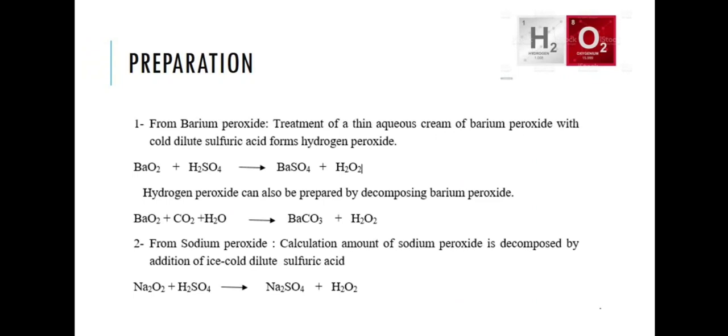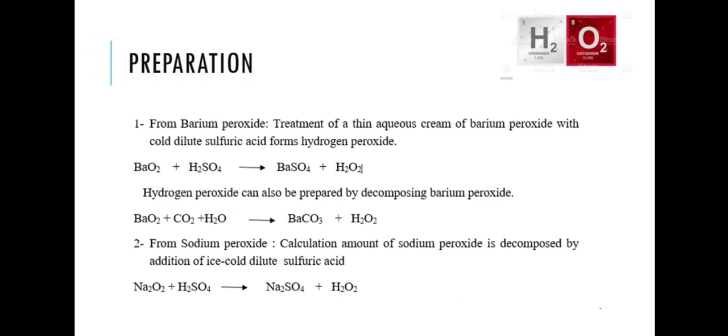BaO2 plus dilute H2SO4 gives BaSO4 plus H2O2. Hydrogen peroxide can also be prepared by decomposing barium peroxide either by using phosphoric acid or by passing carbon dioxide.